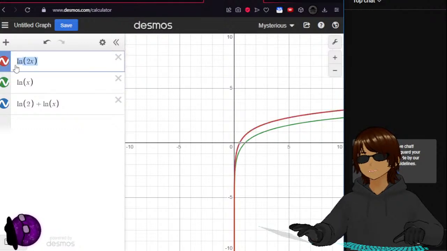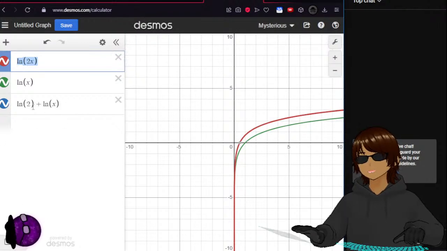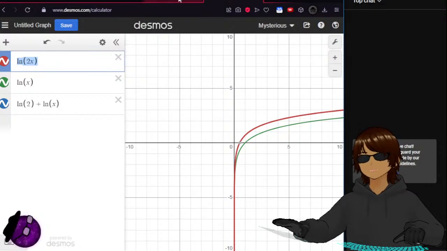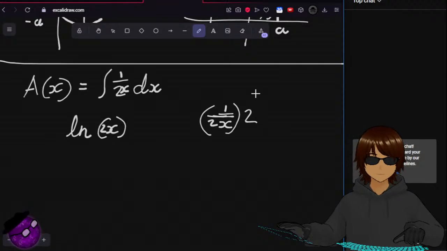This is like shifting ln of x a little bit up, because it's like the original function plus ln of 2. So the gradient would be the same. So that makes sense. But I don't want them to cancel out though. So, of course, plus C.